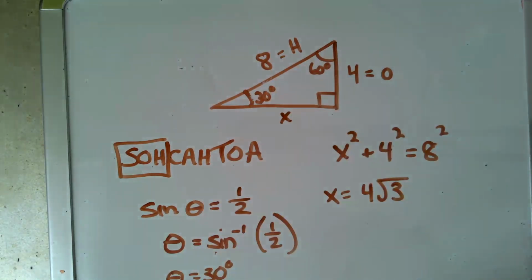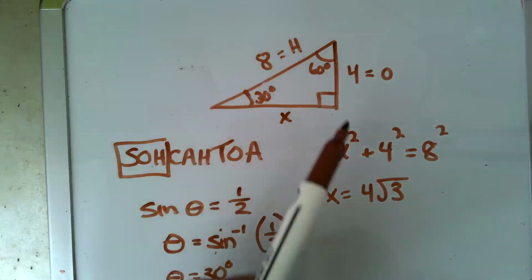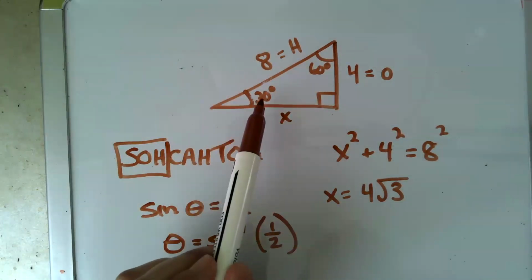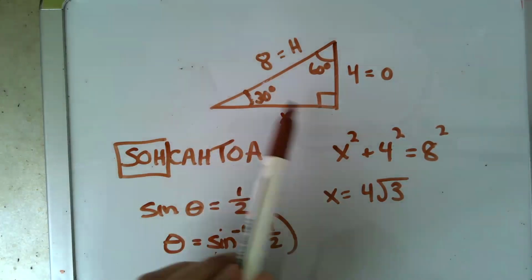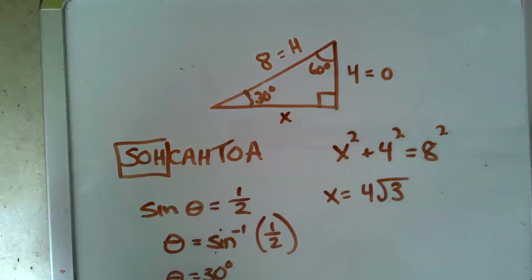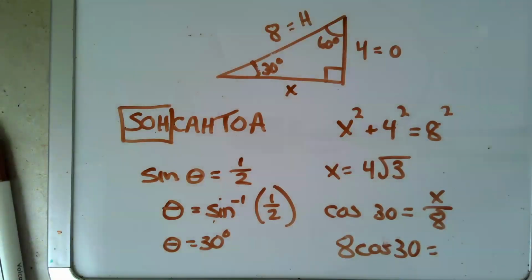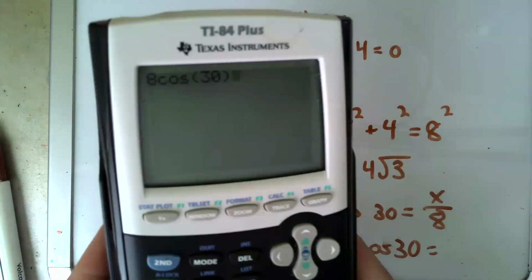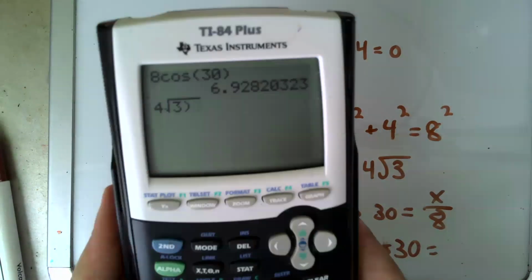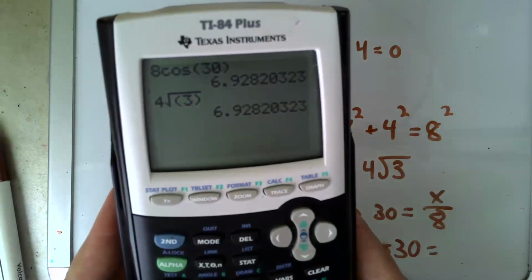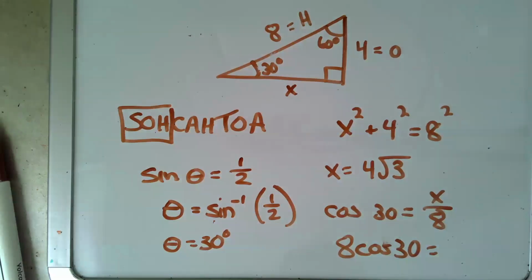And then the final way you could solve for it is you could use any of your trig functions. You could say, okay, the cosine of 30 is x over 8, and then solve for x by going 8 cosine of 30 equals that. 4 root 3 also equals that. Many ways to get to Rome.